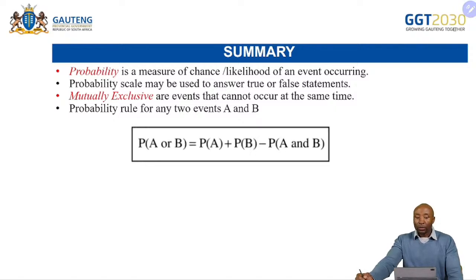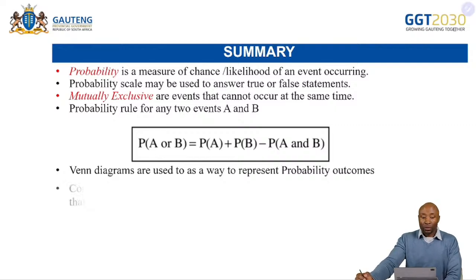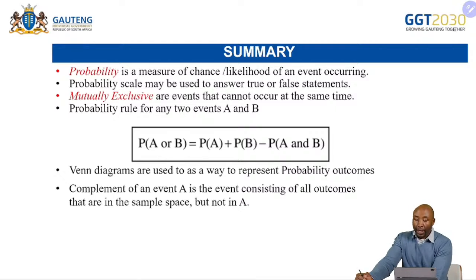And we also looked at the probability equation, and we found out that for any 2 events, the probability of A or B will be given by the probability of A plus the probability of B minus the probability of A and B. We also used one tool to solve probability problems, the Venn diagram.